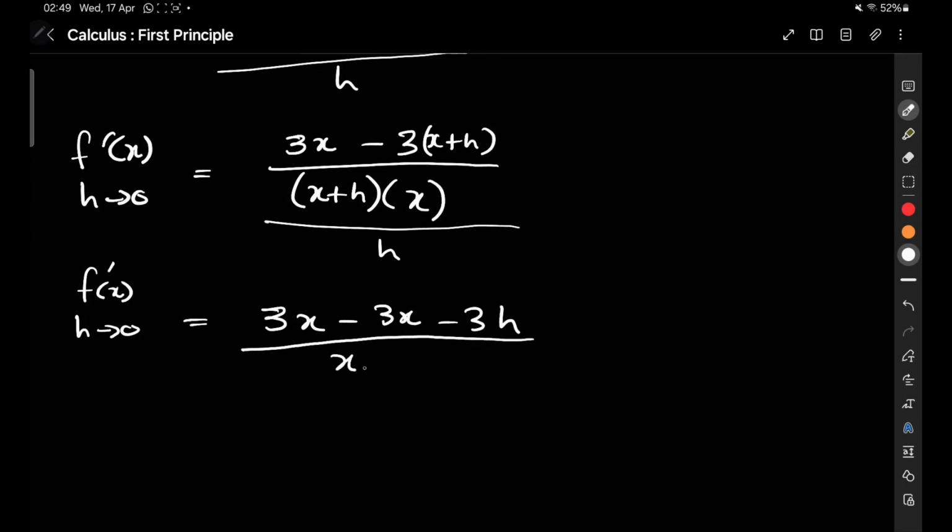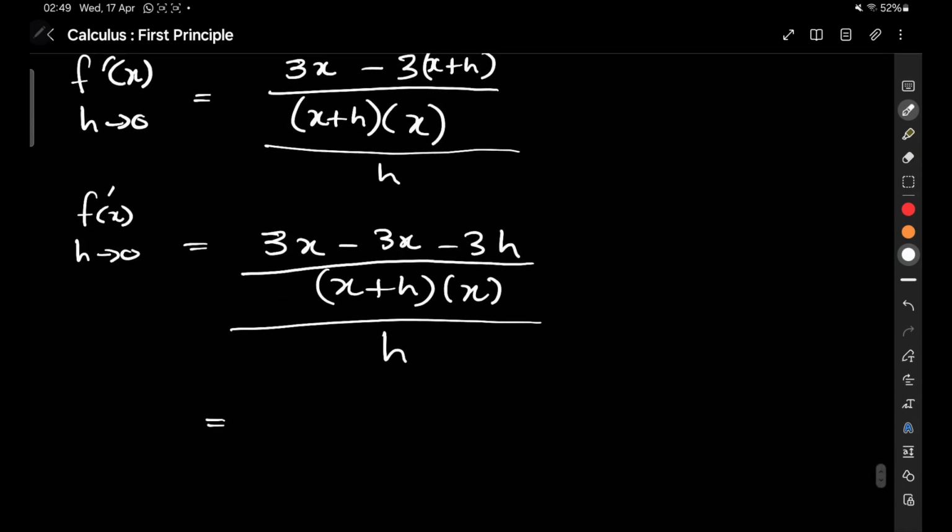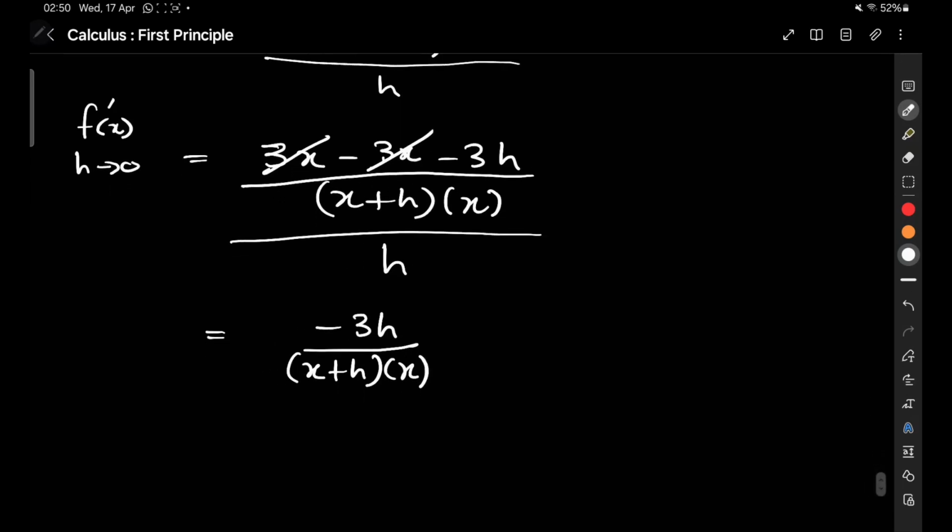All that over x plus h and x, and then over h. So from here, these two cancel out, and at the top we have minus 3h over x plus h times x, all that over h.